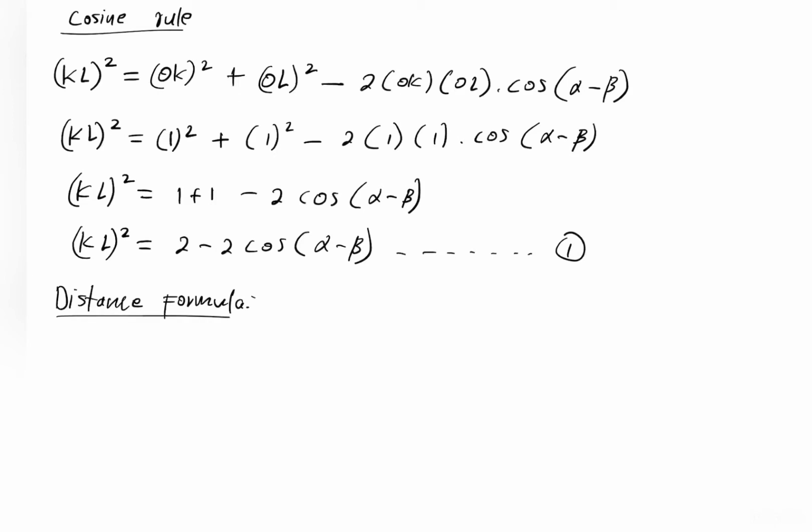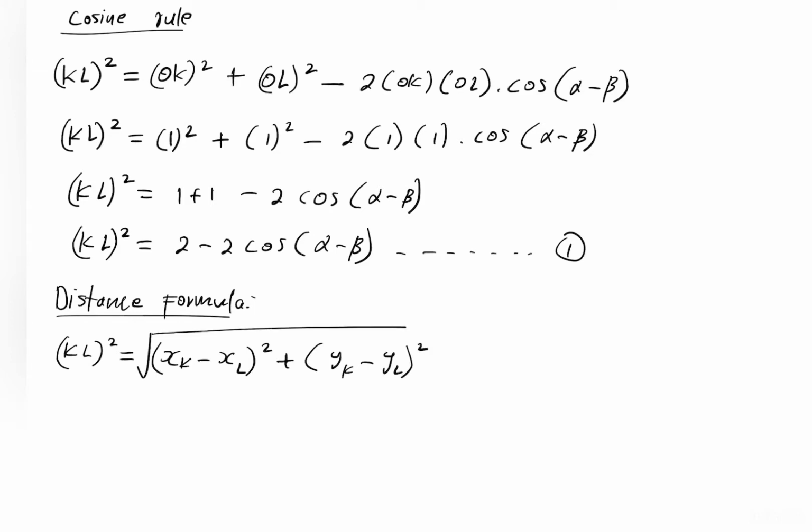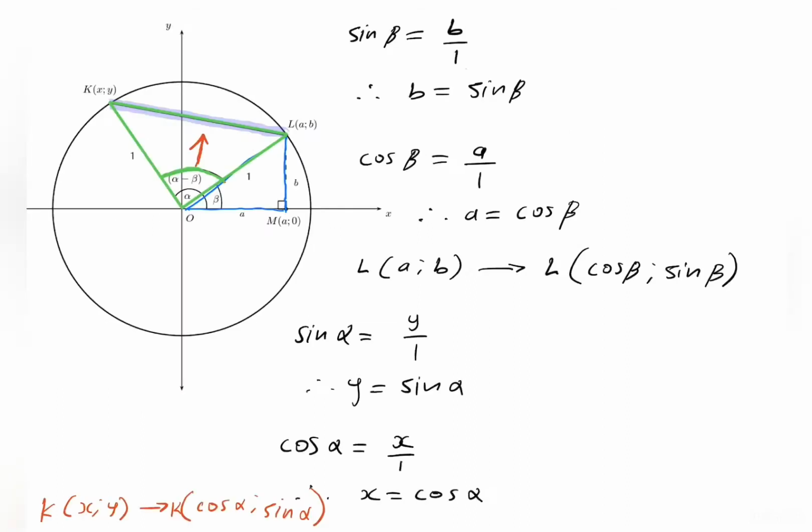We are still calculating KL. It's going to be KL squared is equal to X at K minus X at L, squared, plus Y at K minus Y at L, squared. Then we put the whole thing under a square root. I repeat, we're going to use these coordinates. The coordinates of L are these ones. The coordinates of K are these ones.